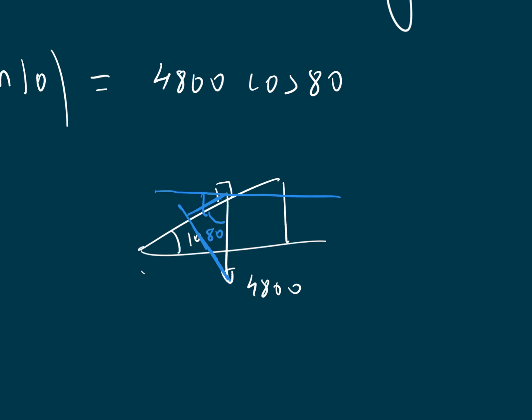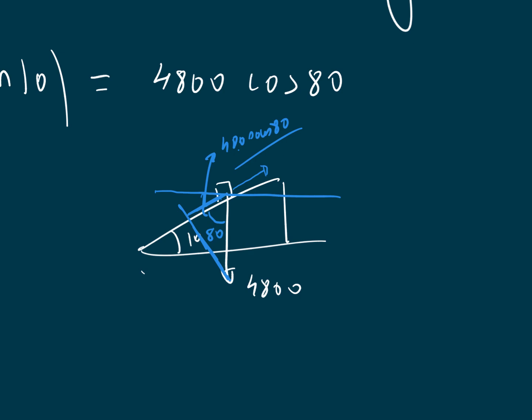So this will be the amount of force that exists in the S direction. Of course, you need to apply a force in this direction to make sure that the truck will not slip down the inclined plane.